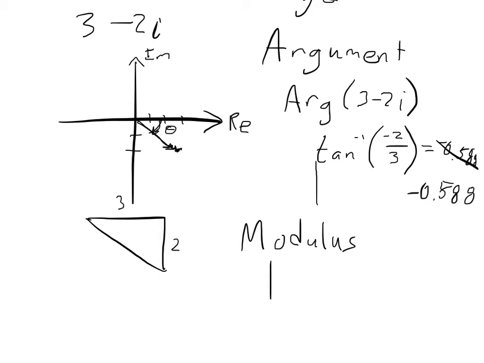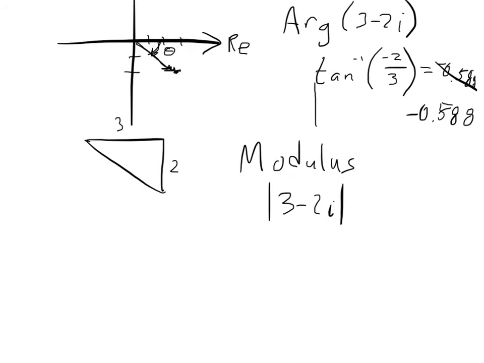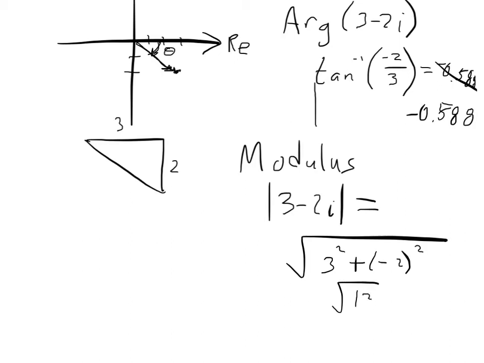So if you wanted the modulus of 3 minus 2i, we're really just looking at doing the square root of 3 squared plus negative 2 squared, which gets us the square root of 13. So we had our argument up here, we have our modulus down here. Fairly simple things. For the argument, you're just doing the inverse tangent of the y component over the x component, and for the modulus, you're basically just doing a Pythagorean theorem.